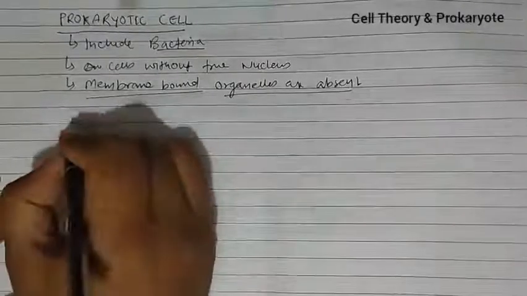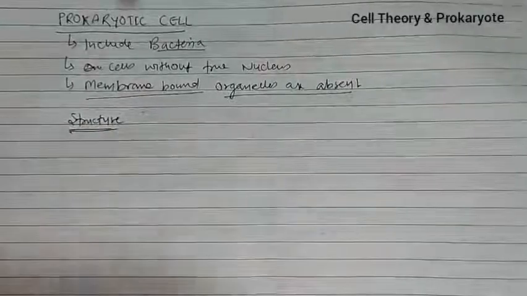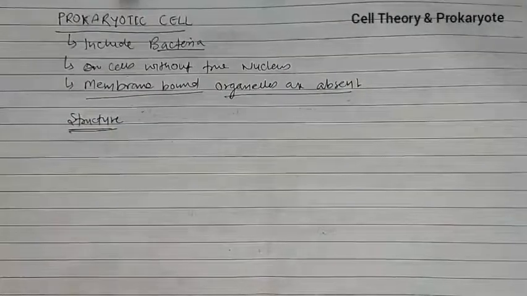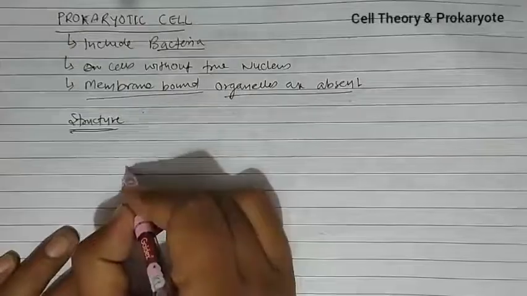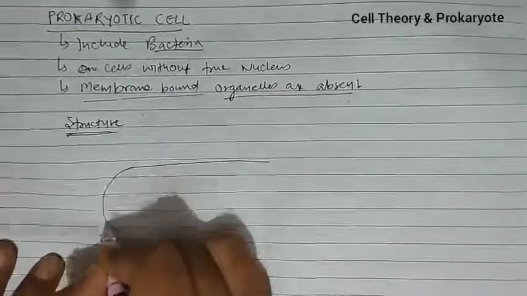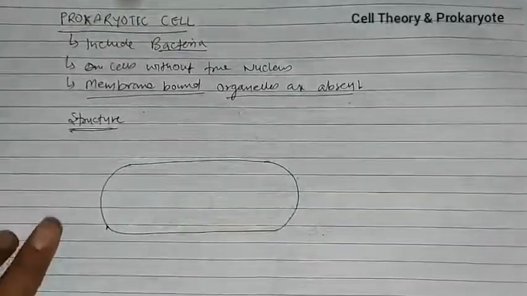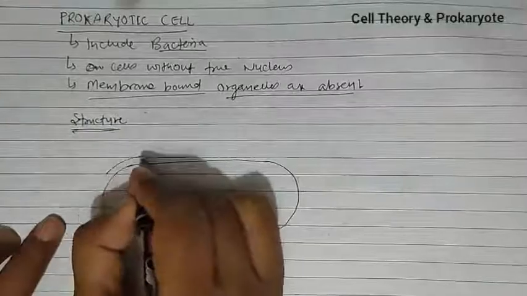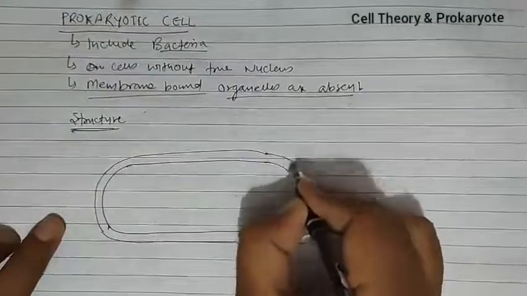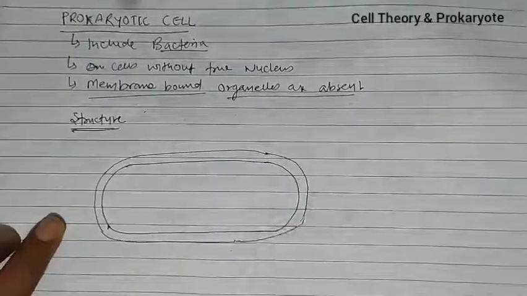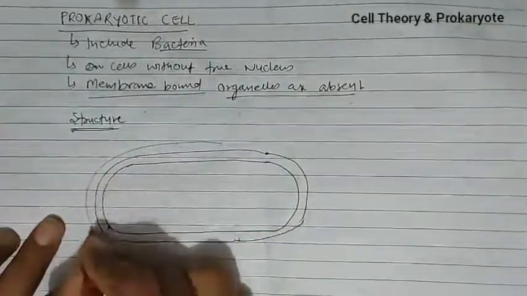Now first we should understand the structure. If we understand the structure in detail, then we are able to identify all the components. The structure looks somewhat like this. This is the plasma membrane. Outer to the plasma membrane we find a cell wall, and outer to the cell wall you find a glycocalyx.